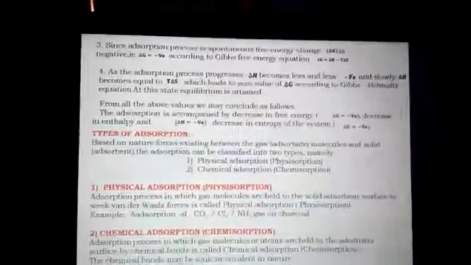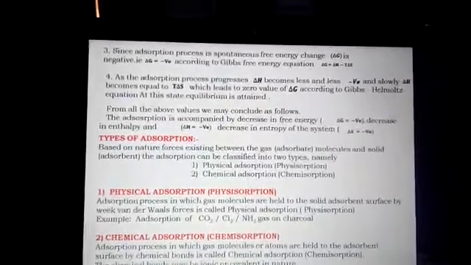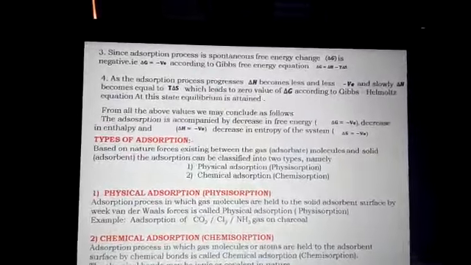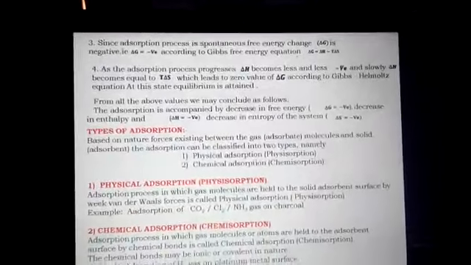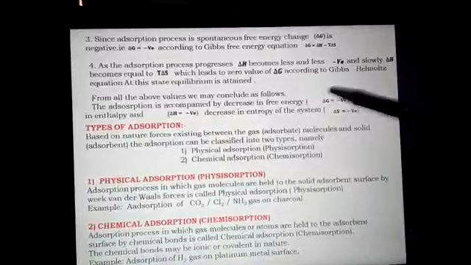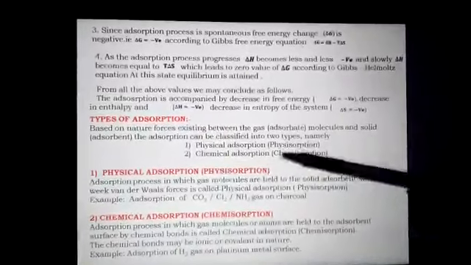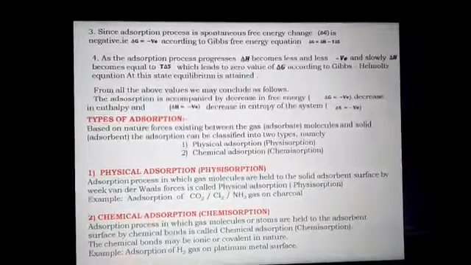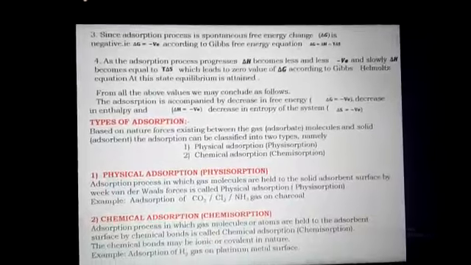If you consider adsorption of gaseous adsorbates on a solid adsorbent, we may have two different types of adsorption: physical adsorption and chemical adsorption. What is physical adsorption or physisorption?